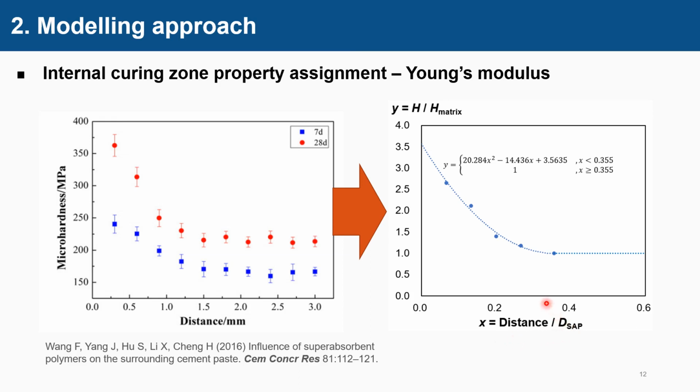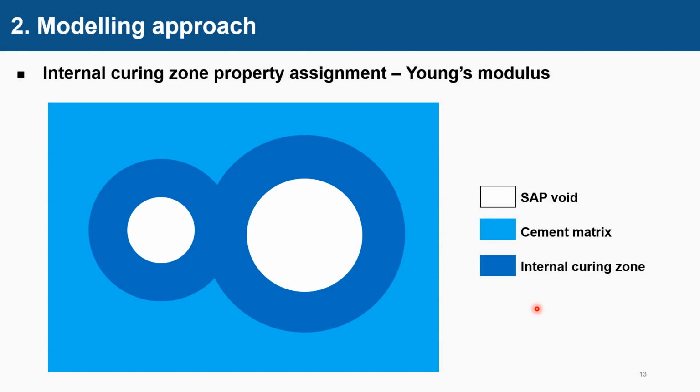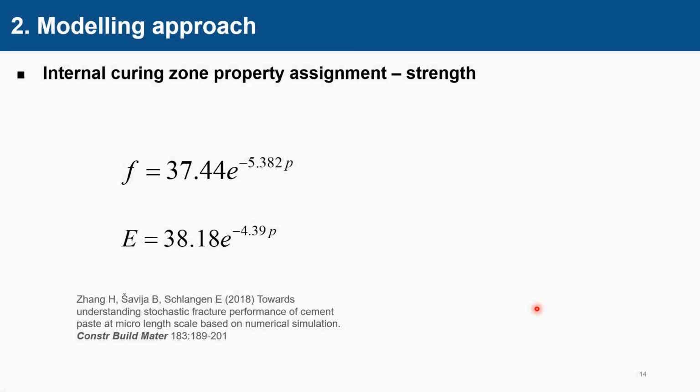The data points are fitted with a quadratic function that we use to describe the relation between the Young's modulus increase and the relative distance. We temporarily do not consider the superposition effect of internal curing. We just talk about the Young's modulus.